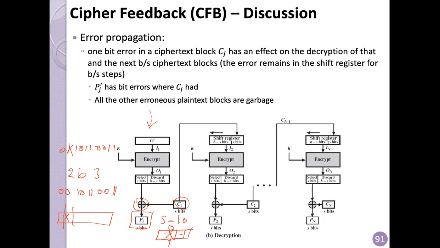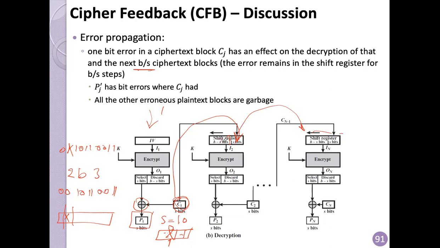But what would happen to the next block? This error in the ciphertext will propagate to the input of the next block, and it lasts for B over S different blocks.